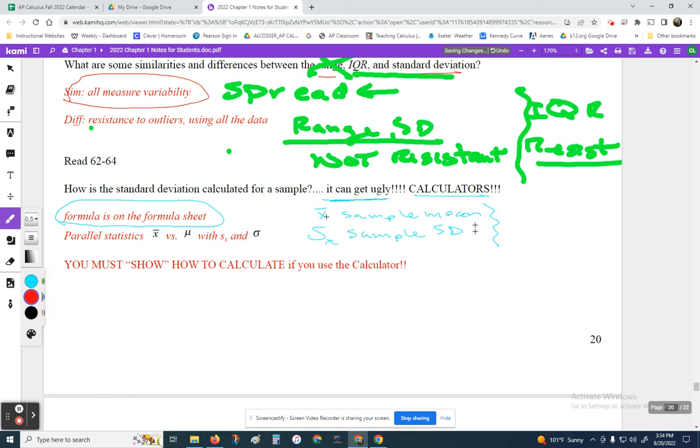And then mu is the population mean, and sigma is the population standard deviation. That's the difference in the symbols. So X bar goes with the standard deviation of X, mu goes with sigma.